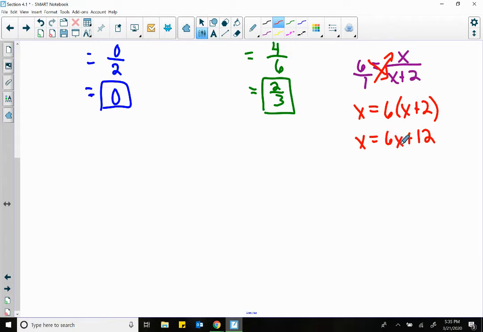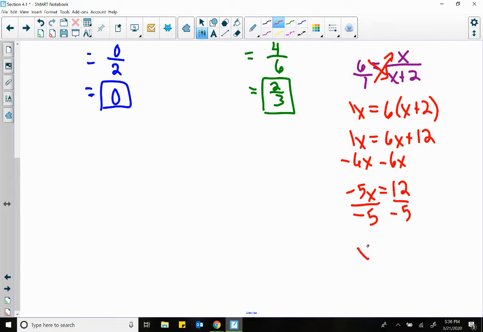So I'm going to take this 6x and move it over here to the left side by subtracting 6x. Remember that there's a 1 in front of this. So 1 minus 6 is negative 5x equal to 12. And then now all I got to do is divide by a negative 5 because that's how you get rid of multiplication.